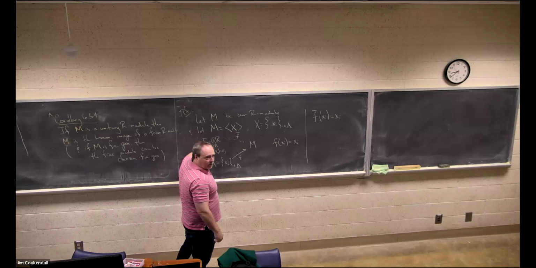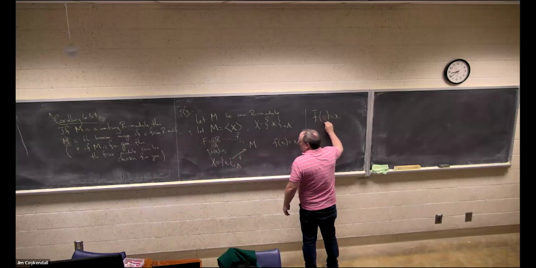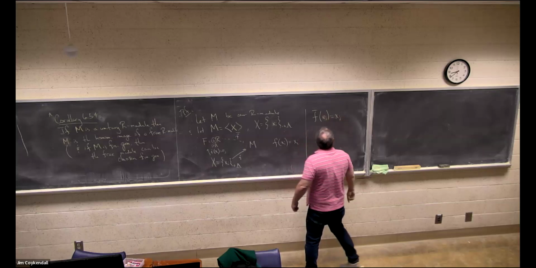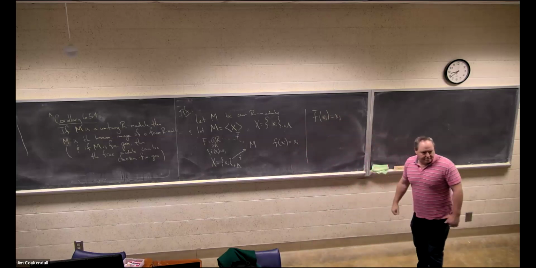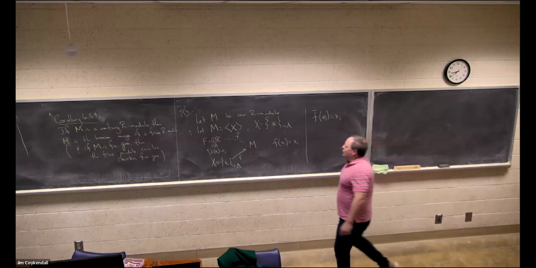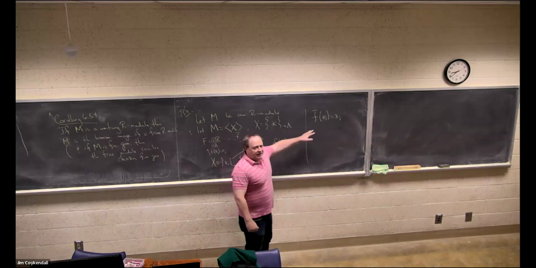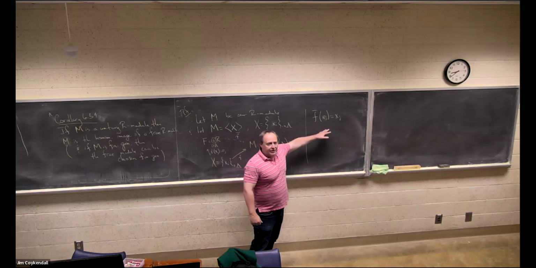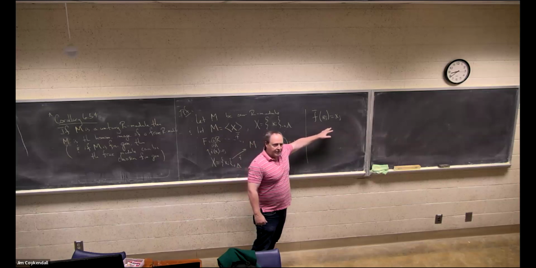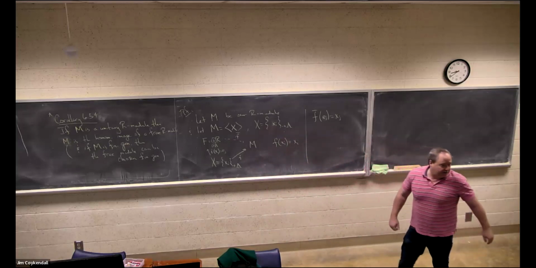This is the way the iota works. So there's a homomorphism that goes from the free module into M. I don't have to check that this is a homomorphism because that's what the theorem said. The only thing I really have to check is that it's surjective.